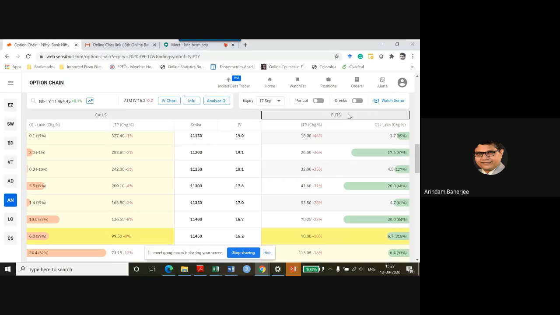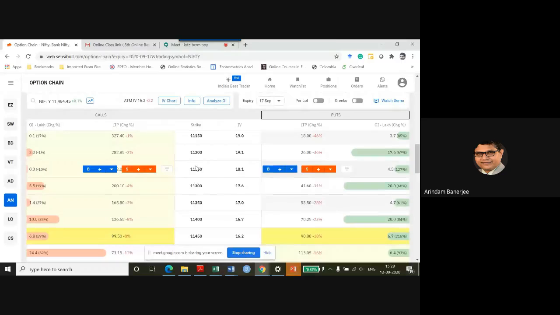So now, the left hand side is showing the details about the calls, and the right hand side is showing the details about the puts, right? Now, this middle one, this row, is showing the strike.